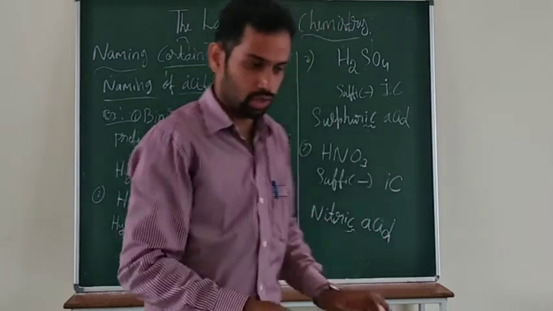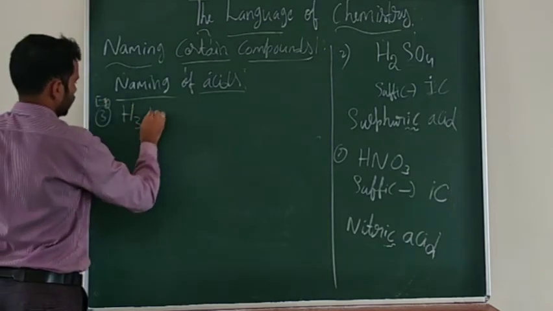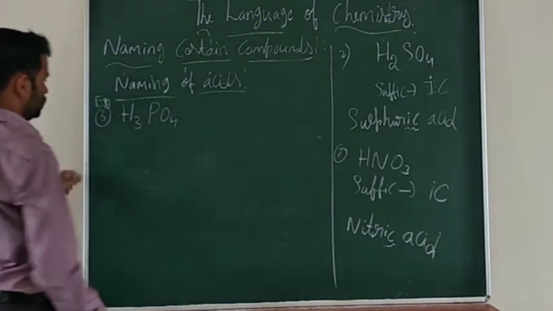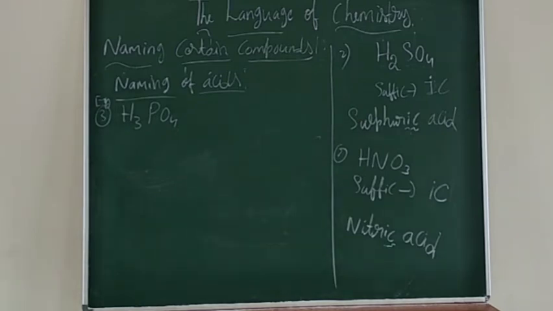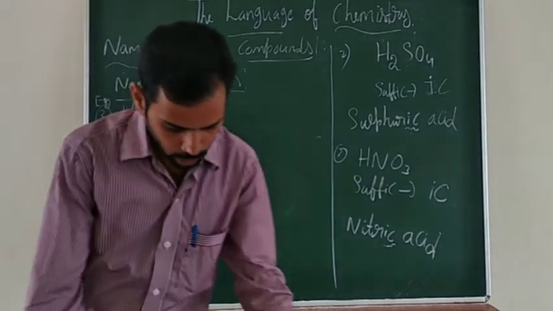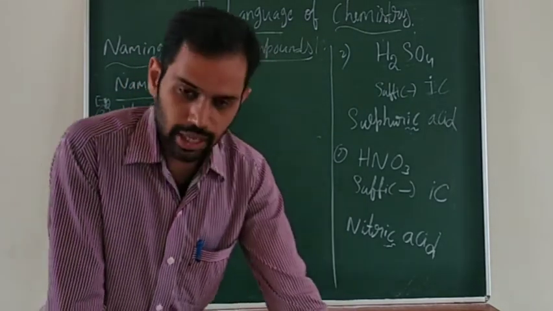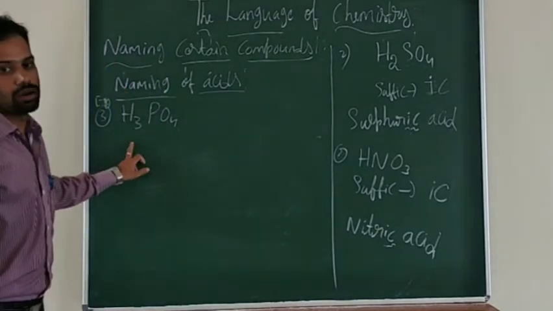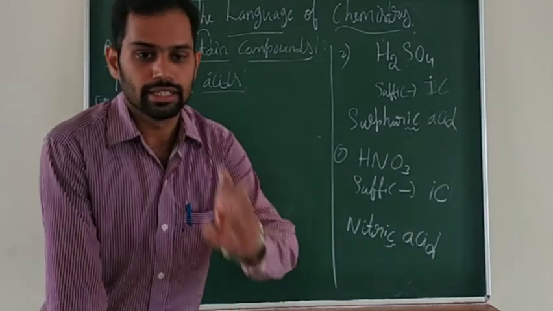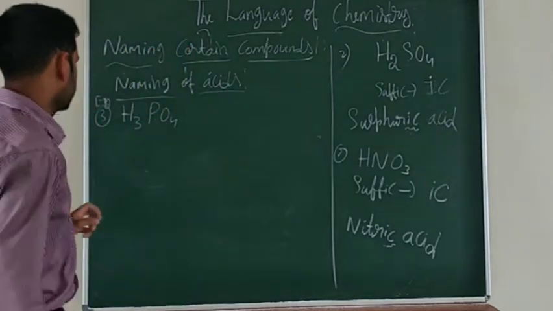One more example I will give, the third one: H3PO4. Here the middle element is phosphorus. How to name this one? The second element is phosphorus, so it is phosphoric acid. Suffix IC you should use there.